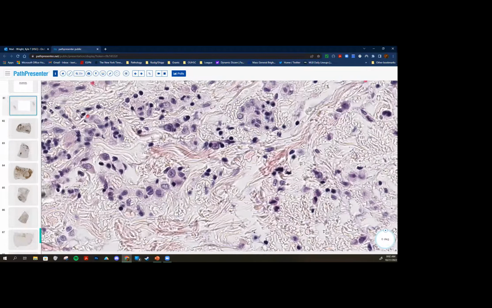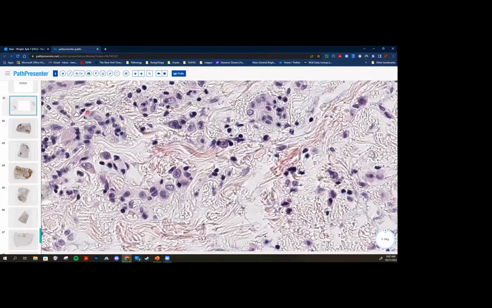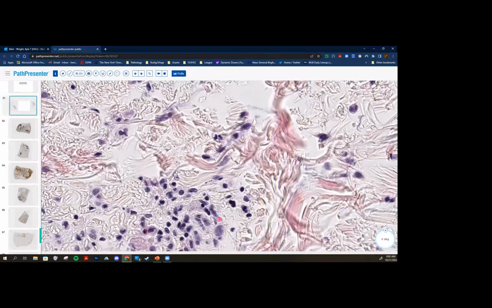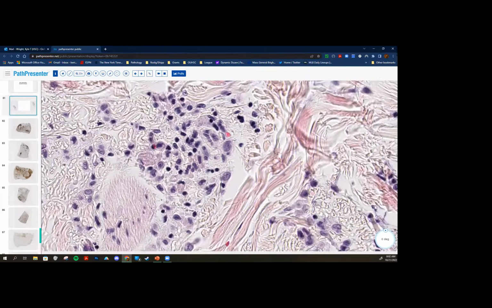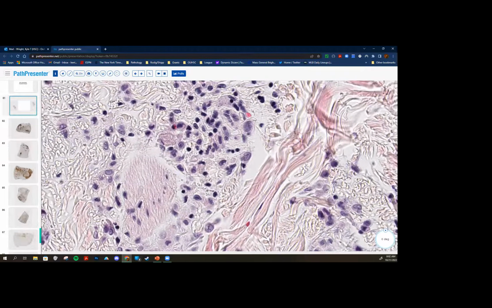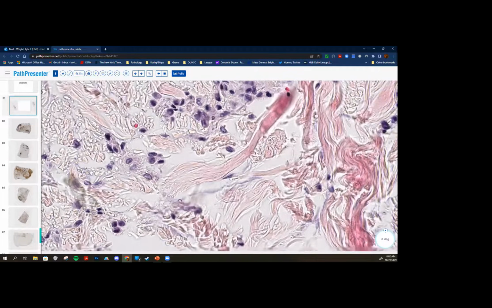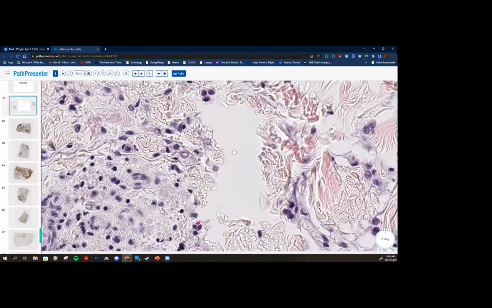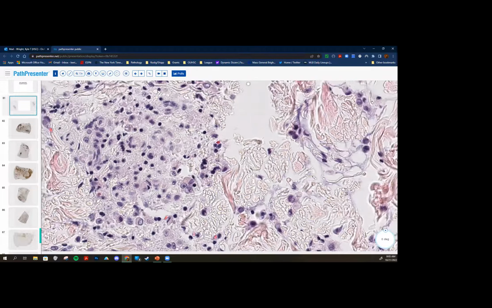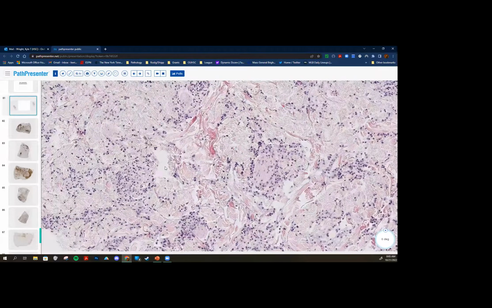Some of them have prominent nuclear membranes, little indentations, these little cleaved nuclei. That should get people thinking about what cell types they could be. Maybe macrophages, something of that derivation, Langerhans cells, so on and so forth. But otherwise, it's fairly nondescript of a lesion.